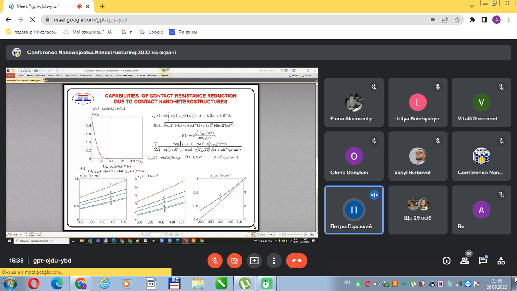То з термоелектричної точки зору композит – це така речовина, в якій кожна компонента при входженні до складу композиту зберігає свої властивості, включно з температурними залежностями. А легований матеріал – це геть інша річ.